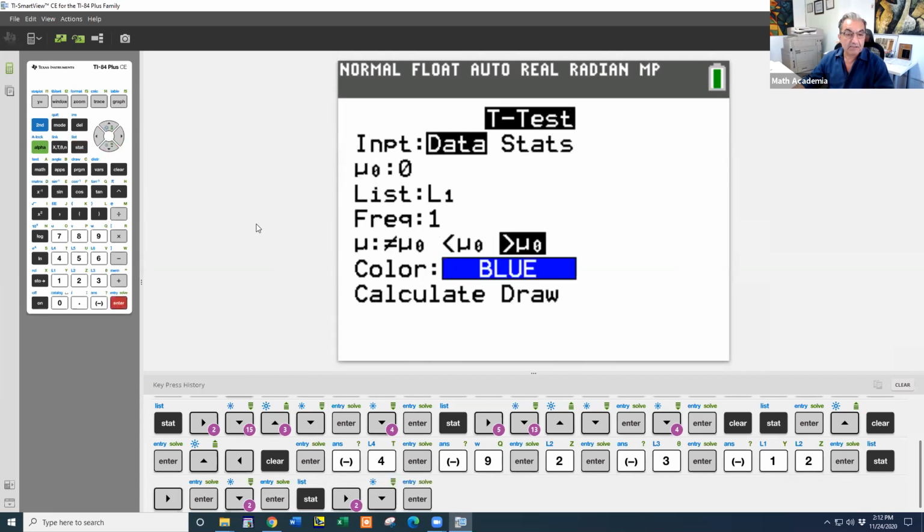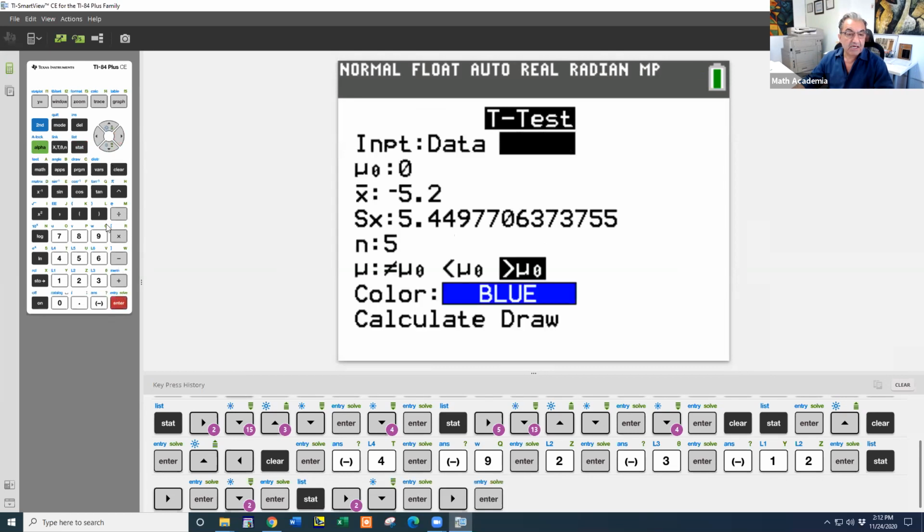Now, if you want to test the claim, you can go to stat, test, and this is just a t-test. Let's pick stats here because we calculated D bar and S sub D. Mu 0 is in the claim, and that's 0 in this case. That's mu sub d. X bar, negative 5.2, we have it. Standard deviation 5.45, it's there.